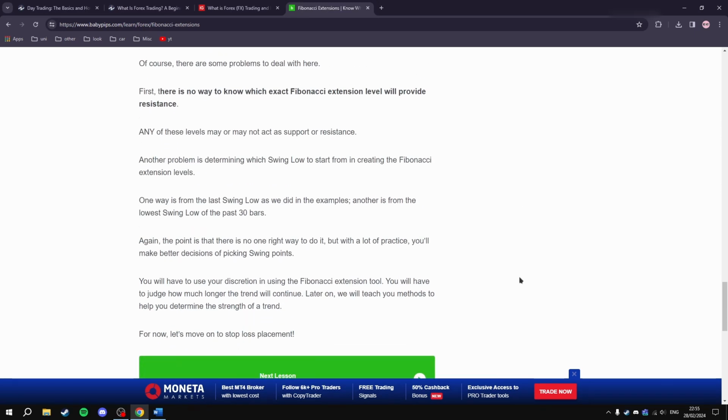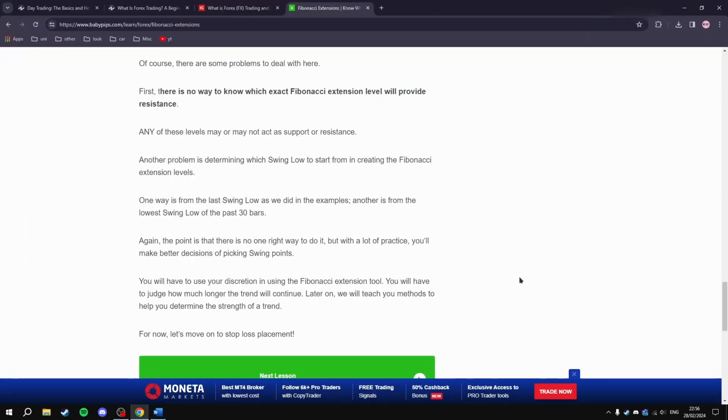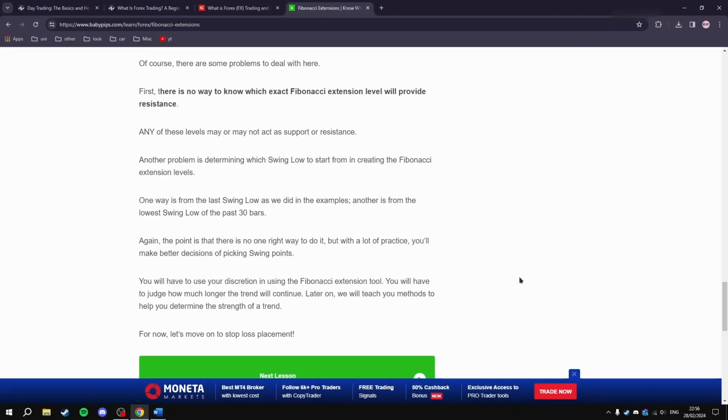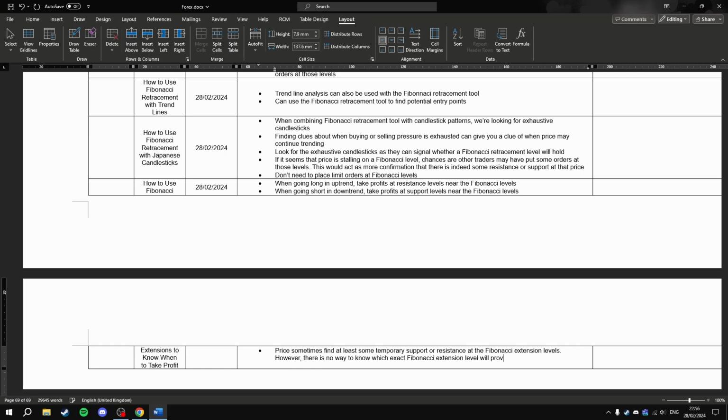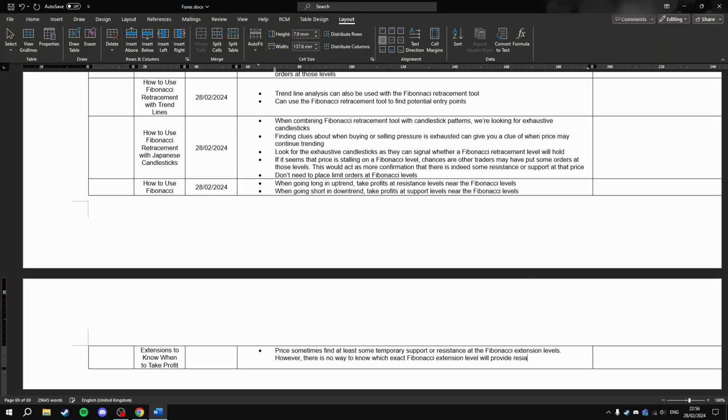Of course, there are some problems to deal with here. First, there is no way to know which exact Fibonacci extension levels will provide resistance or support, right?